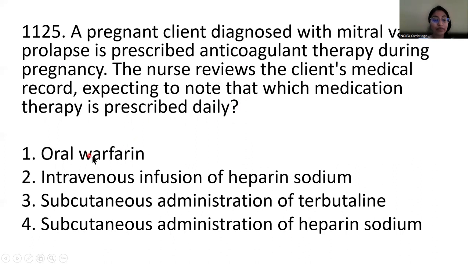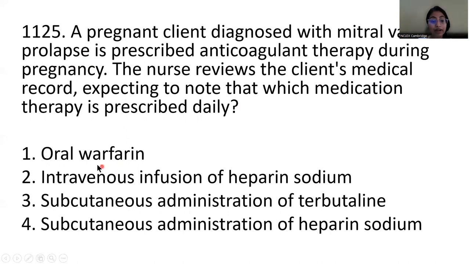Option 1 is oral warfarin. Option 2, intravenous infusion of heparin sodium. Option 3, subcutaneous administration of terbutaline. Option 4, subcutaneous administration of heparin sodium. In this question, we have been focusing on the fact that it is a condition of pregnancy. In pregnancy, when we are giving any kind of medication, we have to remember that it should be safe for the fetus and should not cross the placenta.